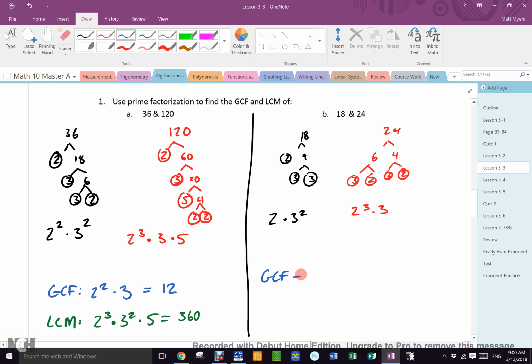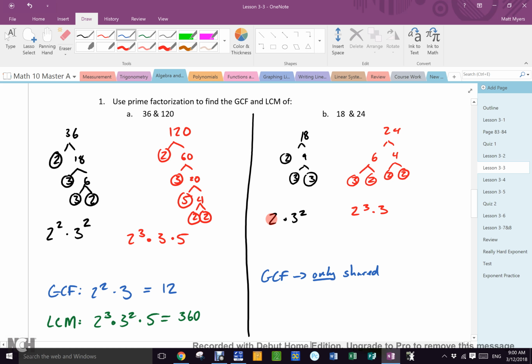Okay. GCF. What does that count? That counts only shared. So, what is shared between both of them? There's 2's and 3's. How many 2's are shared? Just one.